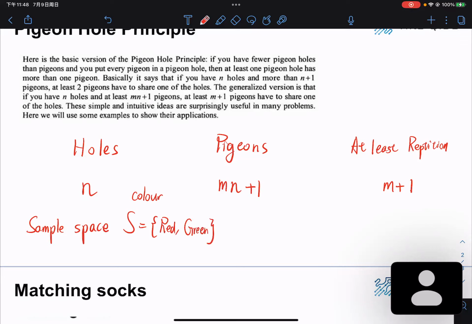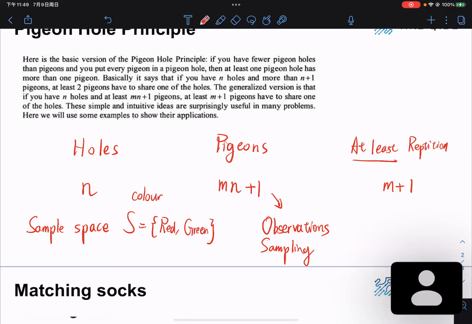And this pigeon is our observations or sampling. For example, how many colors can we find from n hats? Then this number n hats is going to be the pigeon in our principle.